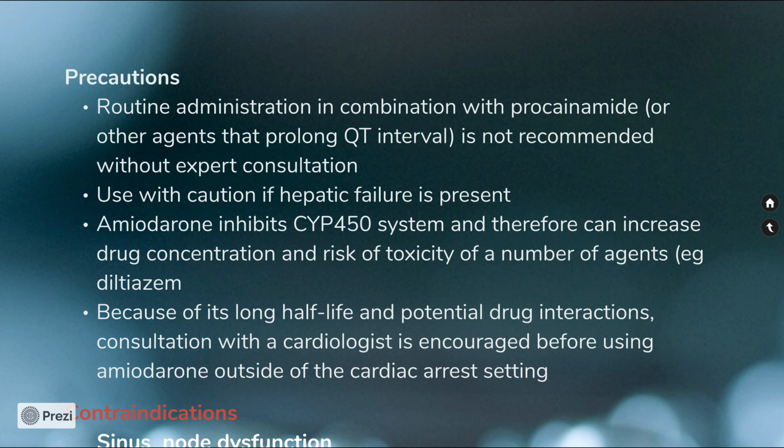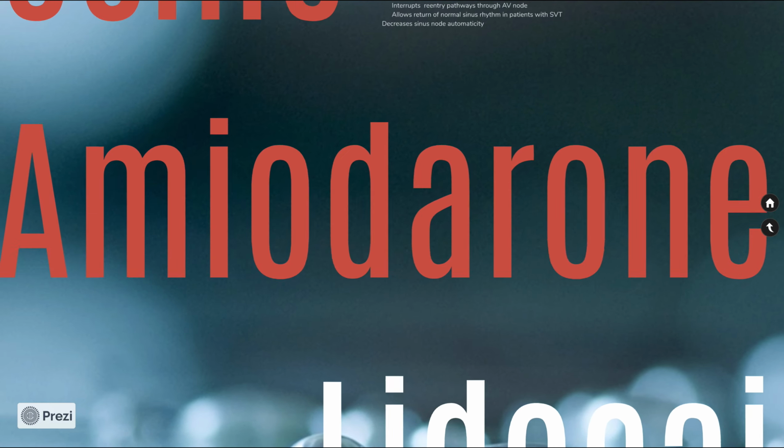Amiodarone has a long half-life and it has many drug interactions. So we have many tools to check whether the drug that the patient is taking can have interactions with amiodarone. Okay, so that's it for amiodarone.